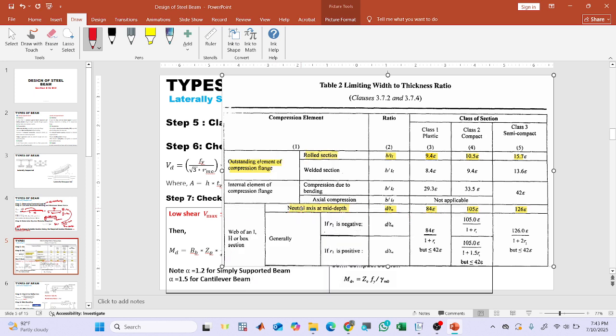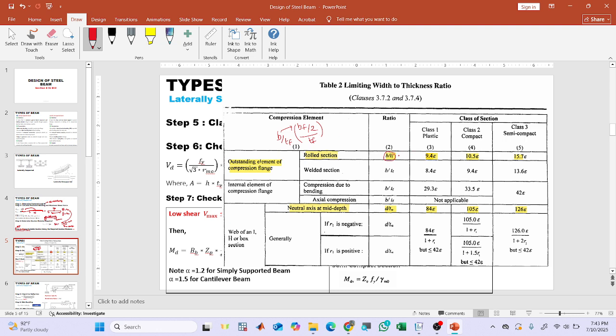For the flange, we will look at this value that I have highlighted. Usually we are dealing with rolled sections, so the value is b over tf, where b is bf over 2, divided by tf.